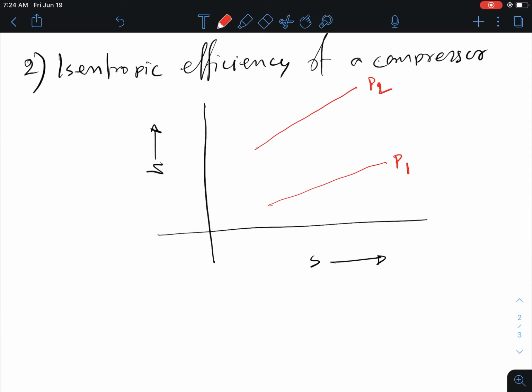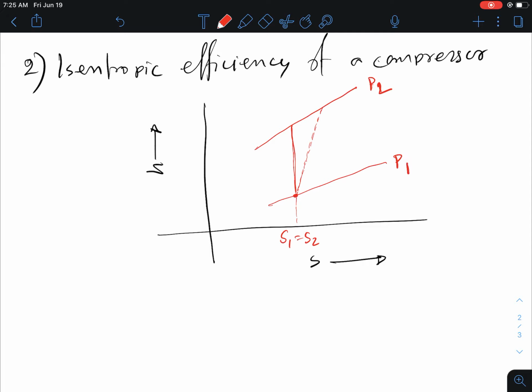So for this case, from state 1 to state 2, it's going isentropically, right? So this is an isentropic line, whereas entropy is constant, right? But in actual case we see that it doesn't go isentropically. So in actual case it deviates a bit from the vertical line. So this is the actual process and this is the isentropic process, right?